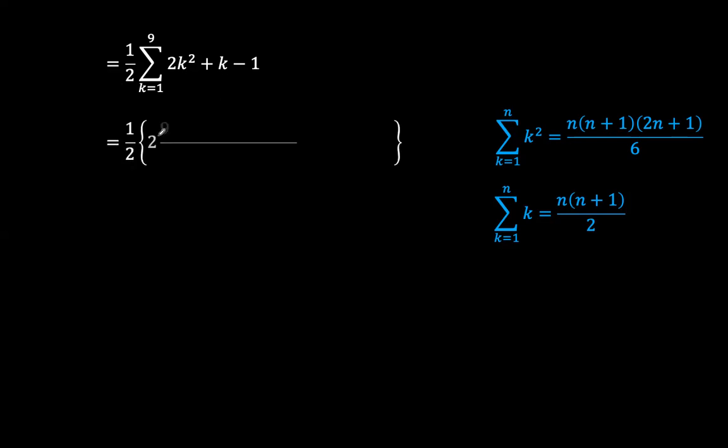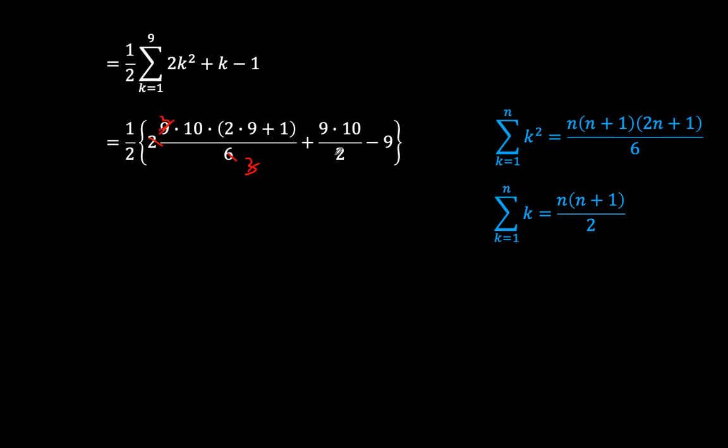And so for this k squared, we have 2. And in place of n, we have 9. In place of n plus 1 is 10. In place of 2n plus 1 is 2 times 9 plus 1, which is obviously 19. And then for this k, we have n is 9, n plus 1 is 10, all divided by 2. So this 2 divided by 6 is 3, and then the 3 and 9 we have 3.